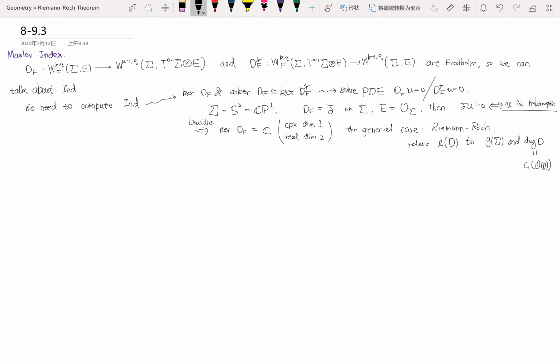So here we also need to develop a theory concerning the topological invariant of bundle pairs. That is, we need to assign to one bundle pair some value in Z, in the space of integers.